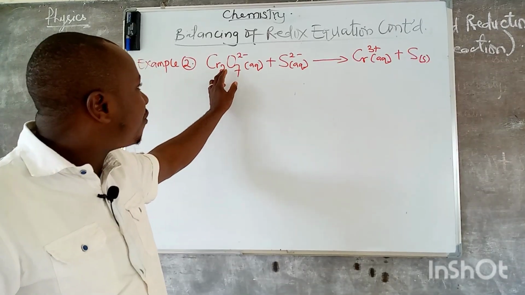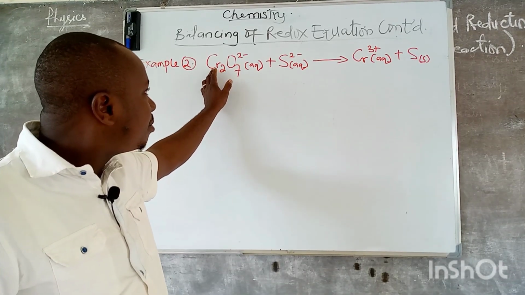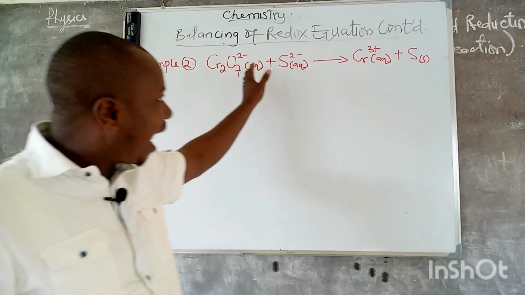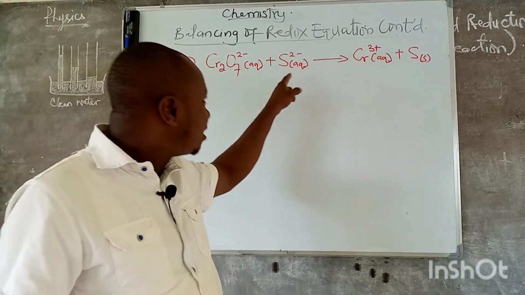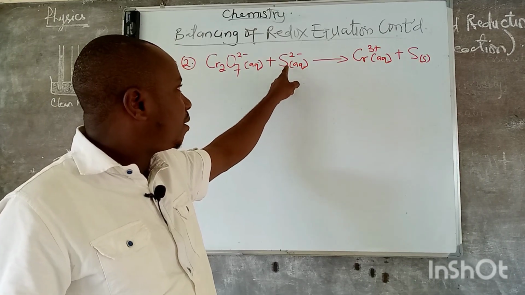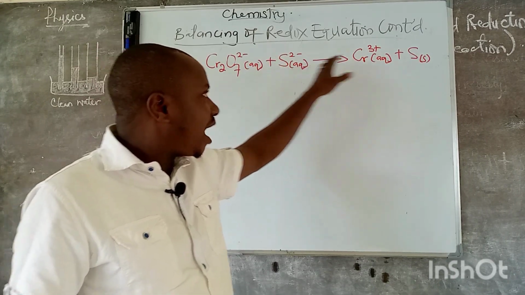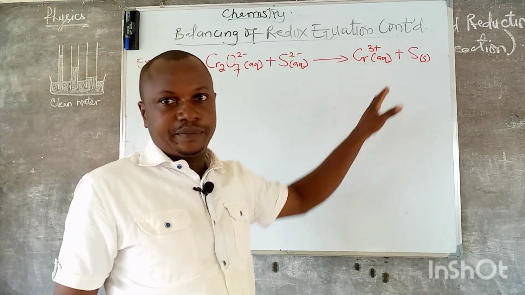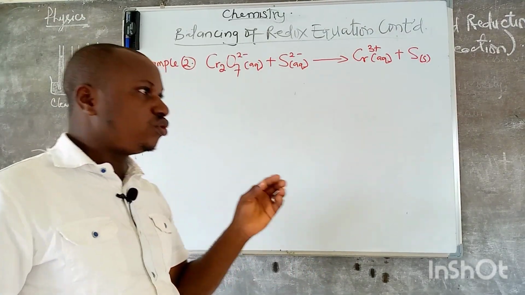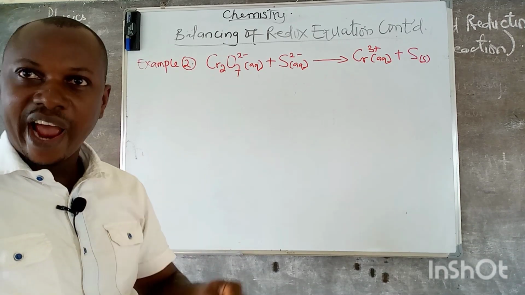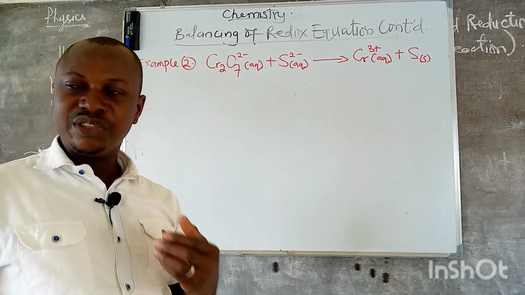Consider the change of oxidation number of chromium at the left-hand side and what it is at the right-hand side. The same thing with sulfur. Consider the oxidation number of sulfur here and check what it is here. That will give you a clear route to identifying the oxidizing and reducing agent.